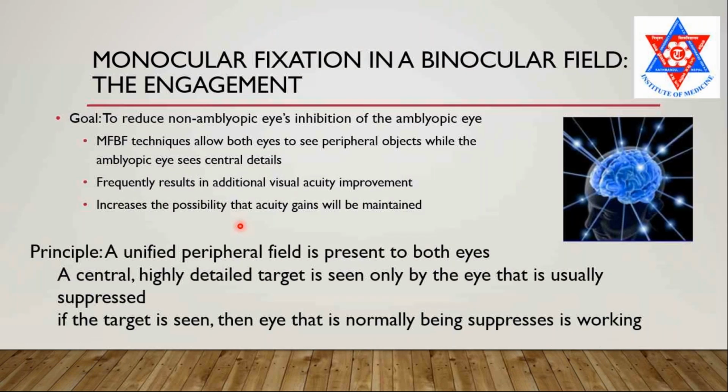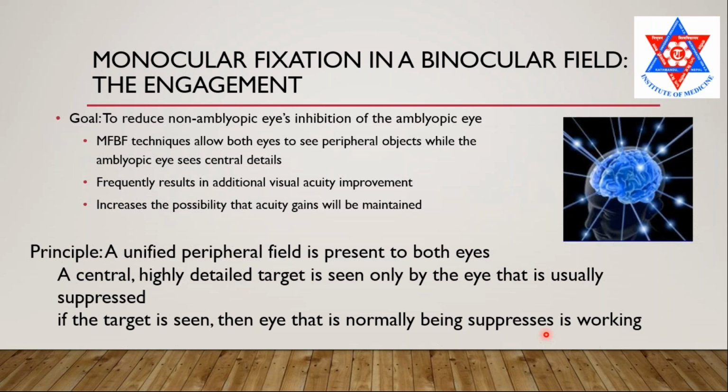Basically, the principle of these MFVF procedures is that a unified peripheral visual field is presented to both eyes, and a central highly detailed target is seen only by the eye that is usually suppressed. If the target is seen, then the eye that is normally suppressed is working. So after improving the monocular visual efficiency skills, the goal is to decrease the inhibition to the amblyoptic eye from the non-amblyoptic eye.